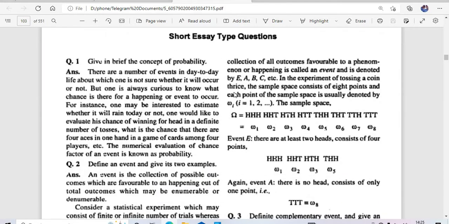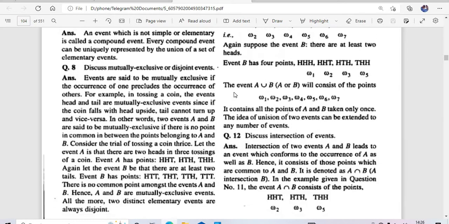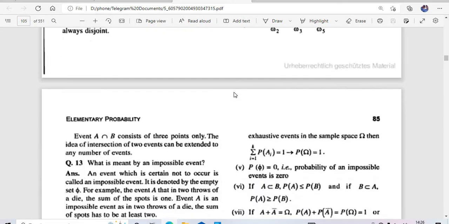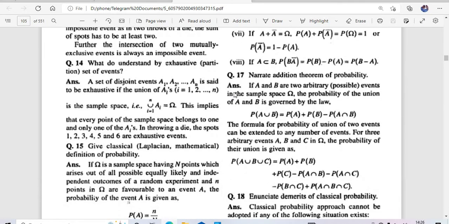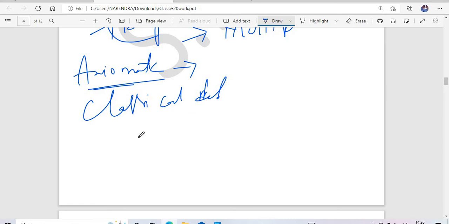This BL Agrawal book is very useful for entrance exams. They ask only the axiomatic definition in the syllabus, so maximum questions are coming from this axiomatic definition.